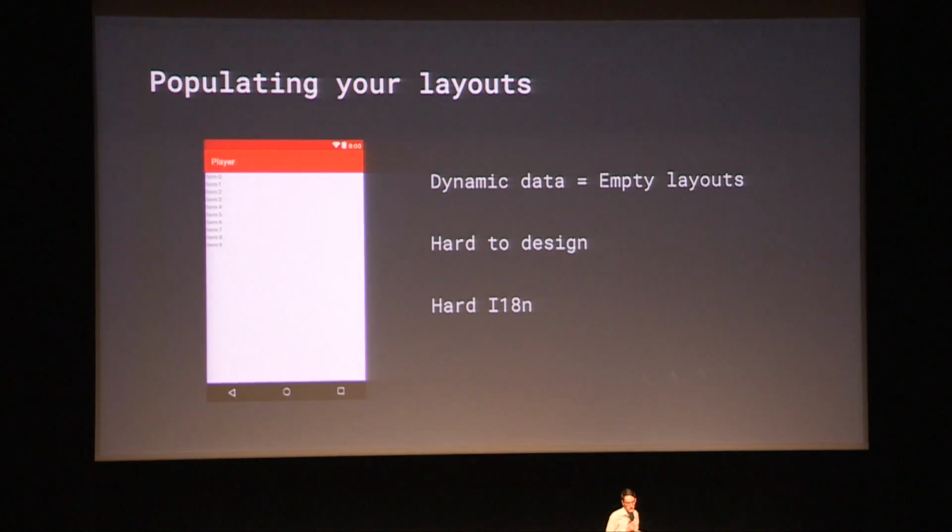That also makes it hard for you to design your recycler view and the layouts inside them, but also, for example, to figure out what the impact of internationalization might be, having longer strings, shorter strings, left to right, right to left, that kind of issue.